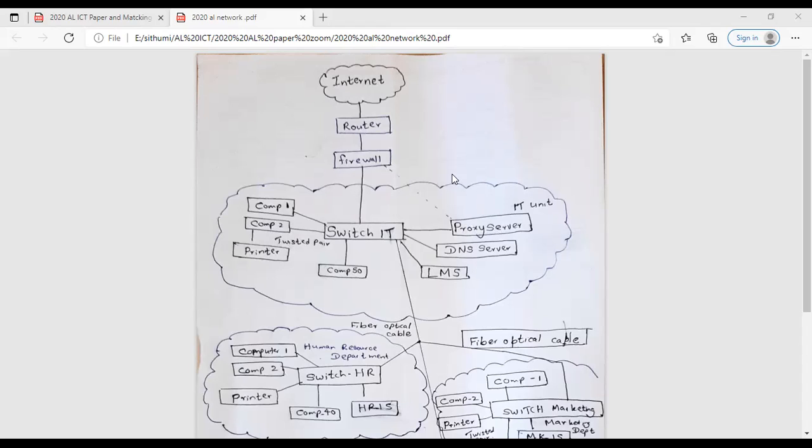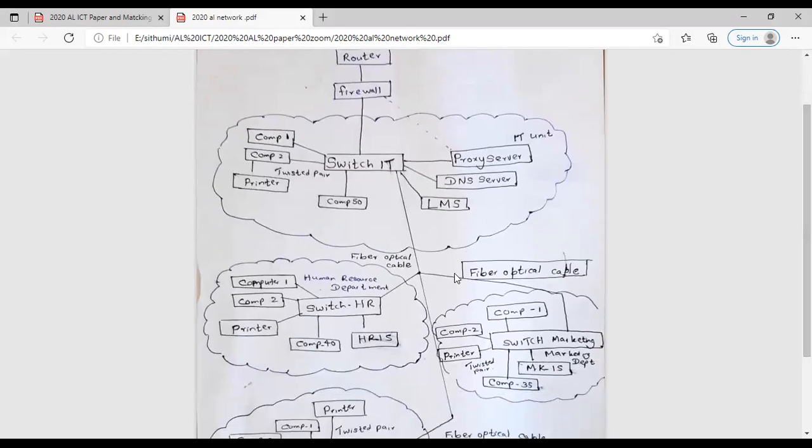So this is the IT unit, and then move to the next, the HR. From this switch, there is another switch for the HR department. There are 40 computers connected, and the printer and the HRIS. And another switch is for marketing, with 35 computers, connected with MKIS.